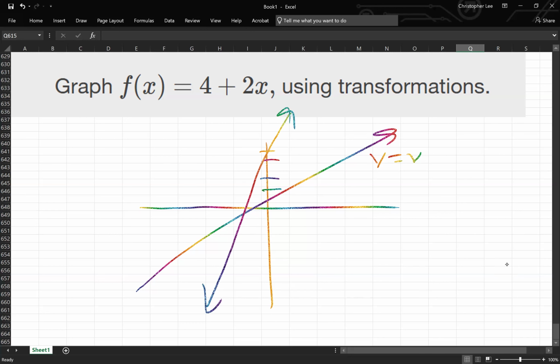Oh, let me label it. All right, questions on this? It's plotting points.